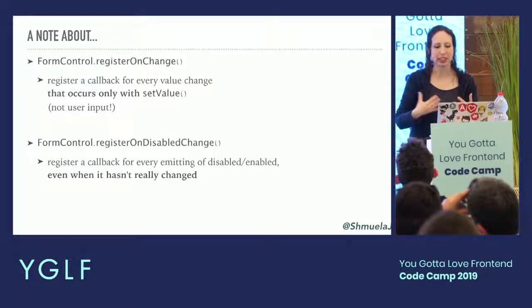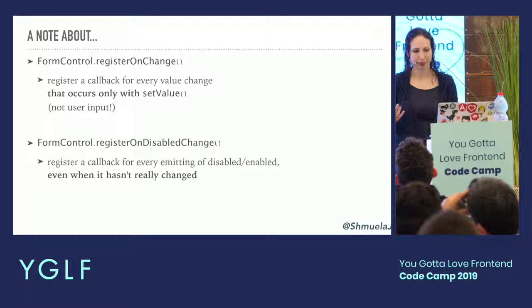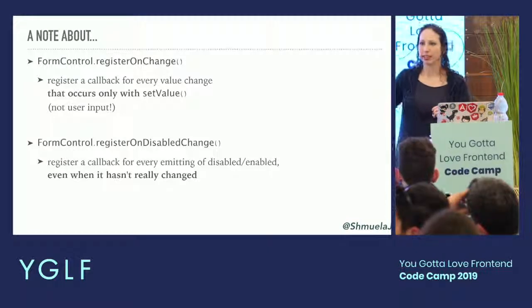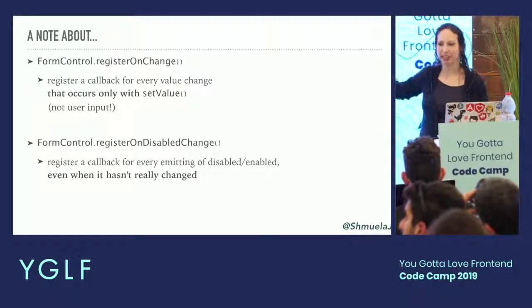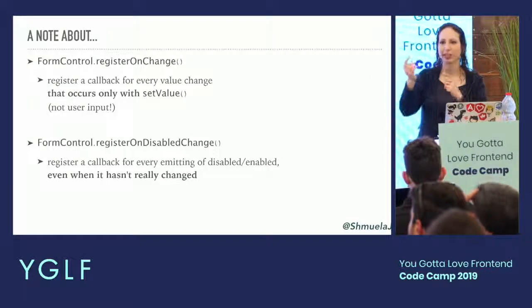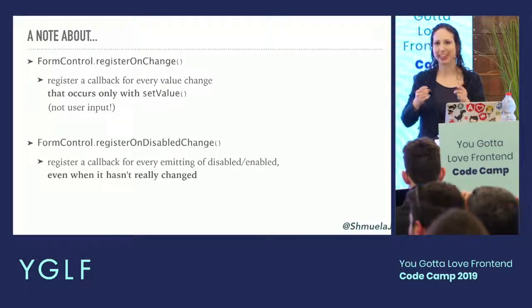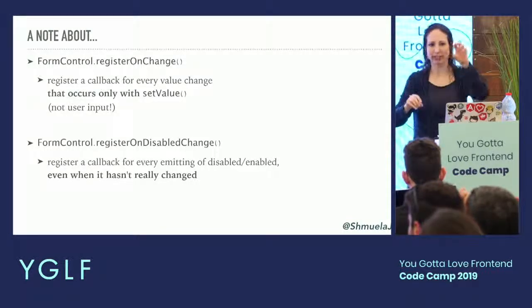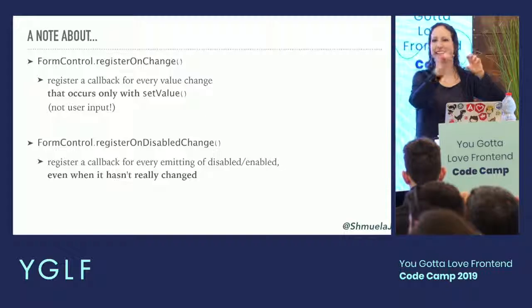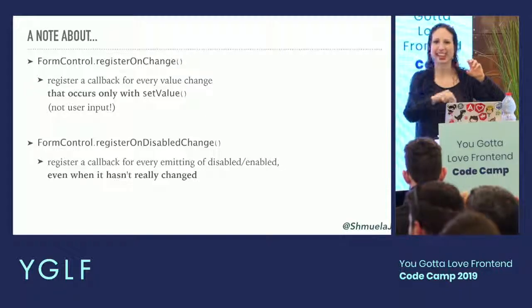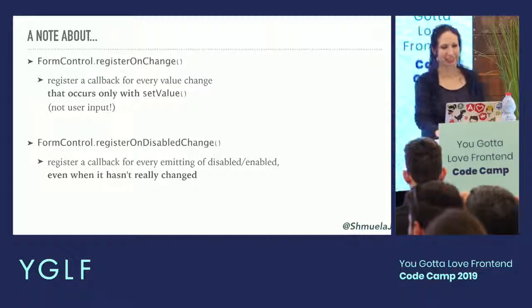Another method, register on disabled change, emits an event not only when the disabled state changes, but anytime it is set. So if a control is already disabled, but you call set disabled again, it will emit every time, not only when it's changed. You have to pay attention to that.